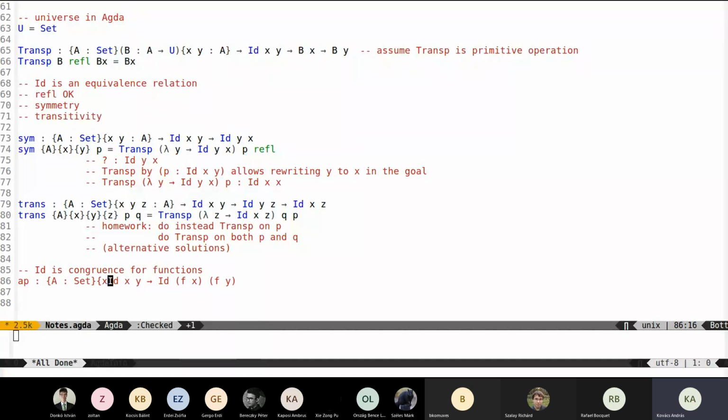So if I have an A set and x, y in A, and I also need a B set and a function which goes from A to B. So for any function and for any identity proof, I want this identity to be preserved by the functional application.